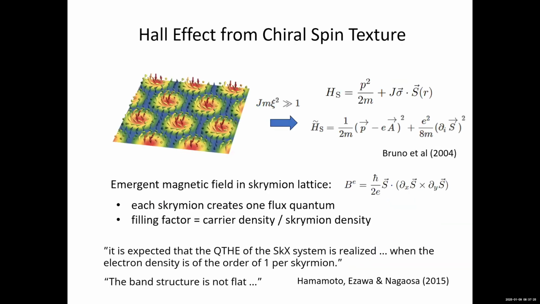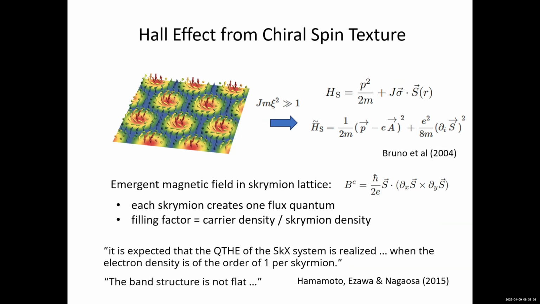So this idea has been around for quite some time, in particular in magnetic materials where electron spins form a non-coplanar configuration, for example, the so-called skyrmion lattice. It has been theoretically shown two decades ago that one can perform a mathematically rigorous mapping when the exchange coupling is large, so that the electron spin rigidly follows the texture of the magnetic moments. In this case, the Hamiltonian shown here can be mathematically rigorously transformed into a new one, which is a spinless particle, because the electron spin is rigidly attached to the magnetic texture anyway.